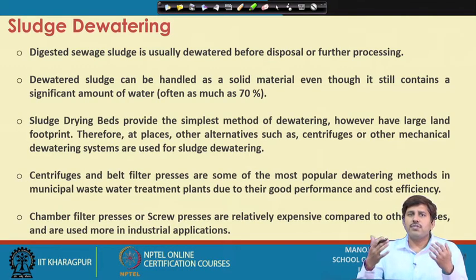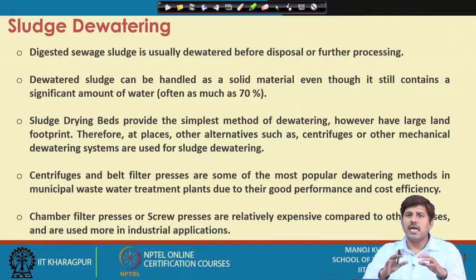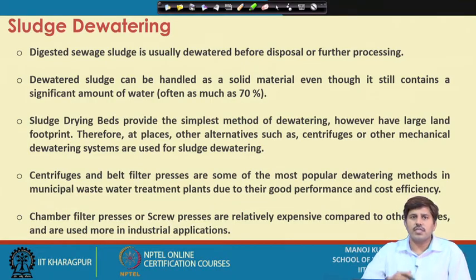Centrifuges and belt filter presses are some of the most popular dewatering methods for municipal wastewater treatment plants, due to their good performance and relatively low cost compared with other processes like chamber filter presses or screw presses, which are relatively expensive. That is why they are more used in industrial applications.